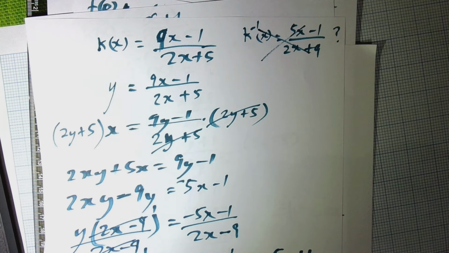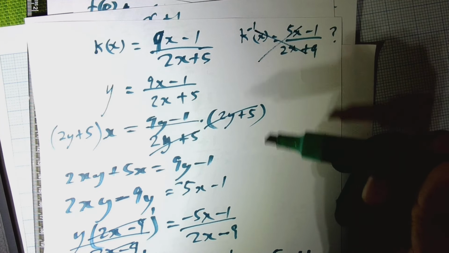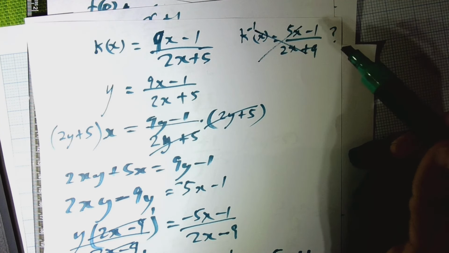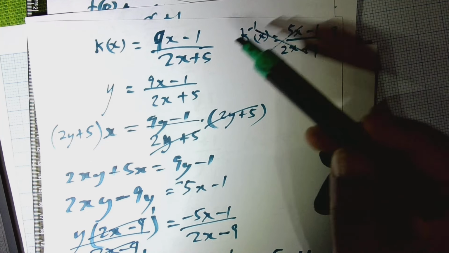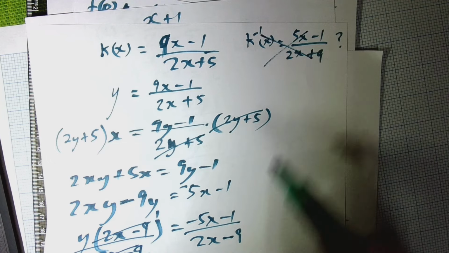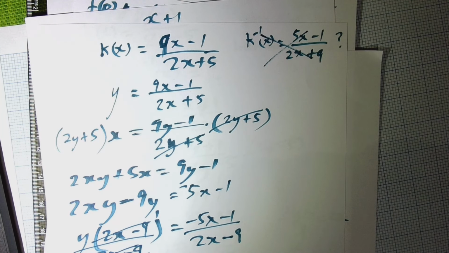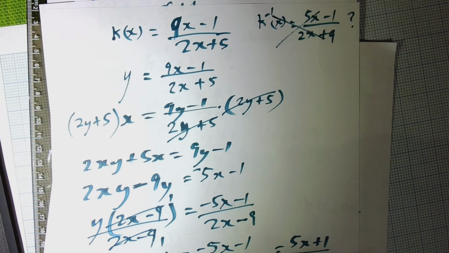But we can always double check to see if we went about it the right way. 5x minus 1, we don't have that in none of these, and so we can just assume that that wouldn't be correct. We could always test them and see, but that's just wasting time.